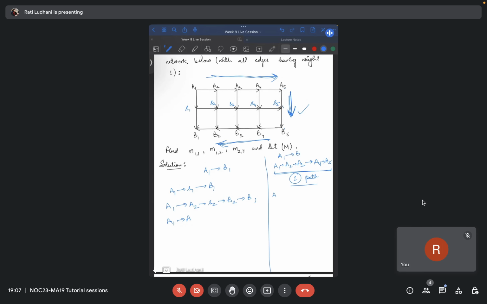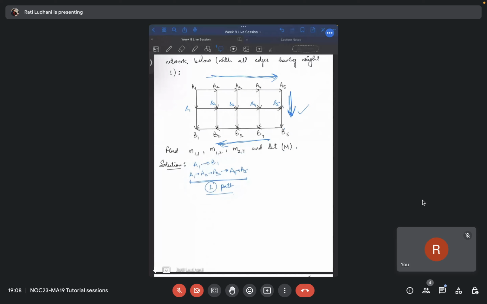I'll erase this and change the color. So I'm looking at A1 to B1. Count is 1.